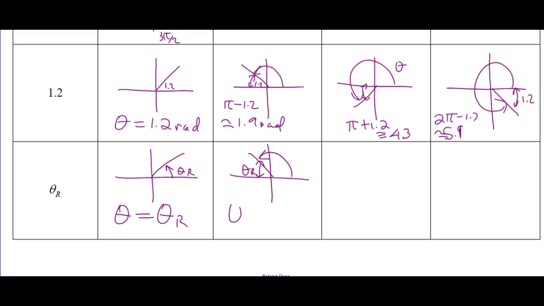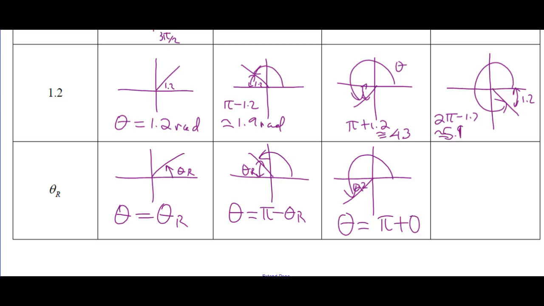So what's the rotation angle? Pi minus theta r. If I go out to pi, then I'm going to have to subtract off theta r. We are theta r short of pi. In the next quadrant, theta r is here. So what's theta? Pi plus theta r.